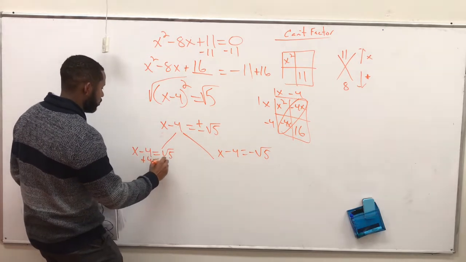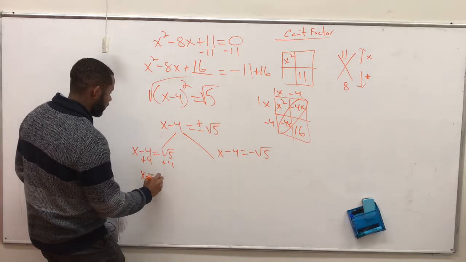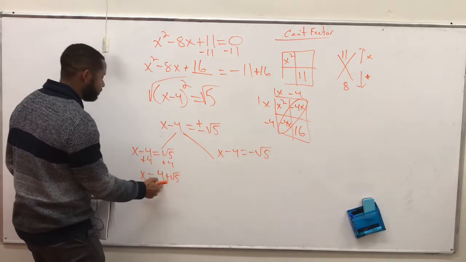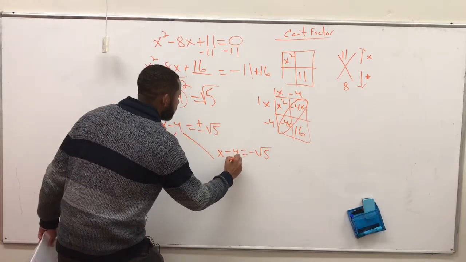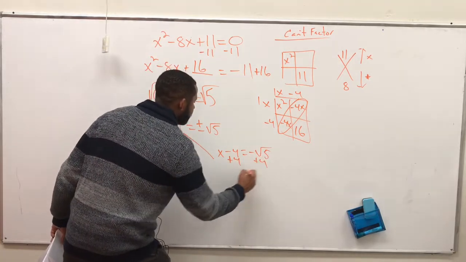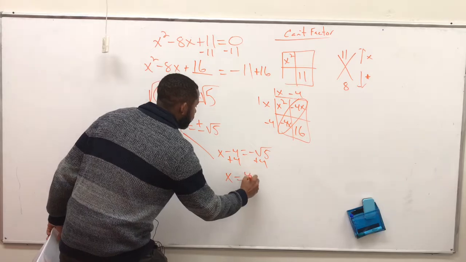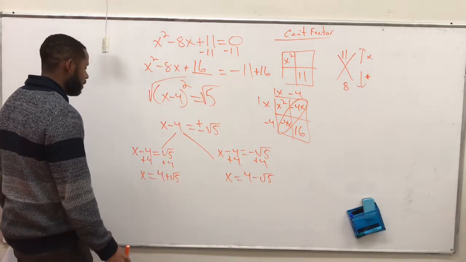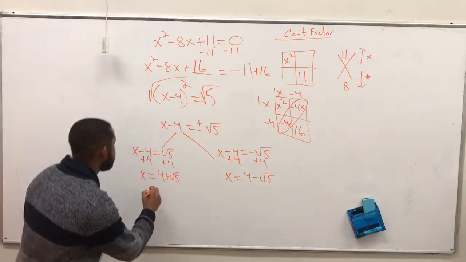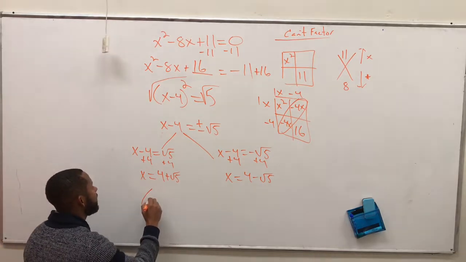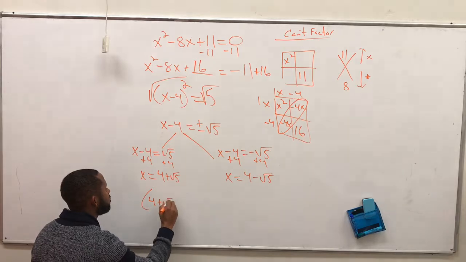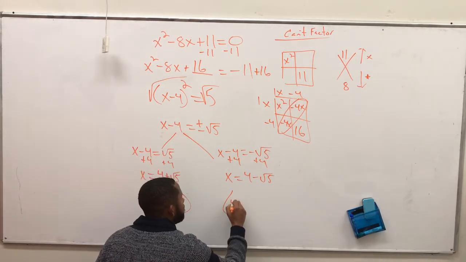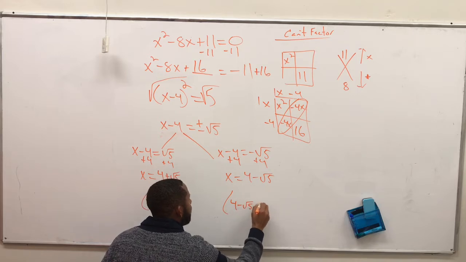So, plus 4, plus 4. x equals 4 plus the square root of 5 here. Plus 4, plus 4. x equals 4 minus the square root of 5 here. So my roots, my two x-intercepts, are: my x value is 4 plus the square root of 5, 0, and my other one is 4 minus the square root of 5, 0.